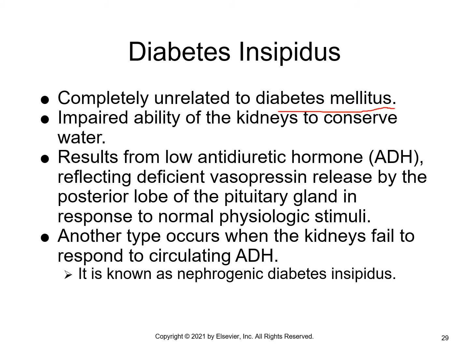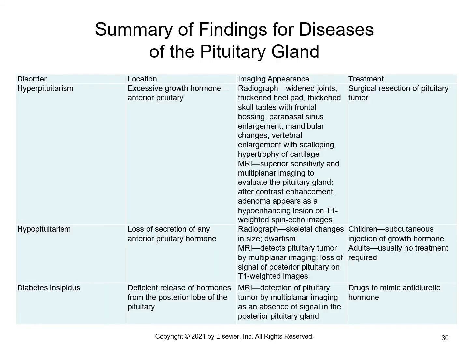So a lot of fluids are lost through urine that would otherwise be resorbed if antidiuretic hormone was released at an appropriate time. Other types occur when kidneys fail to respond to the circulating antidiuretic hormone, or when there's aldosterone changes. And I'll let you review the summary of findings for the diseases of the pituitary gland.